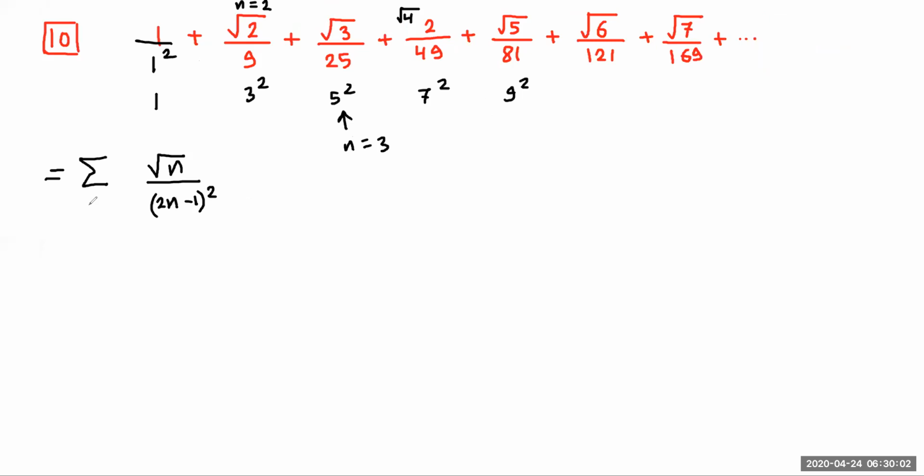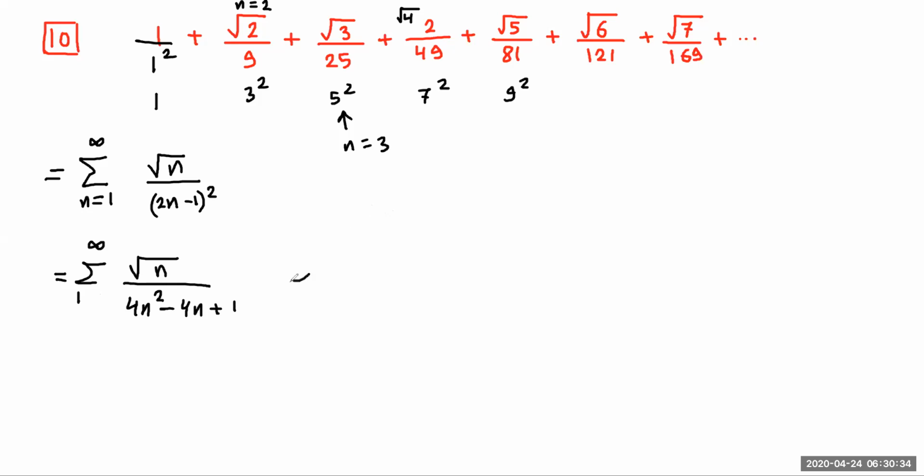So this is from n equal 1 to infinity. So how to test this series? I can write this series as sigma root n over 4n power 2 minus 4n plus 1 from n equal 1 to infinity. Let's use now the limit comparison test.